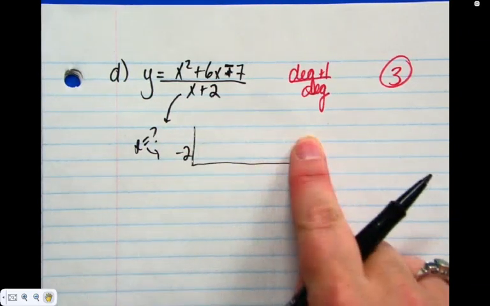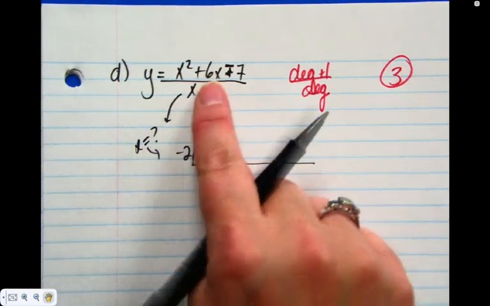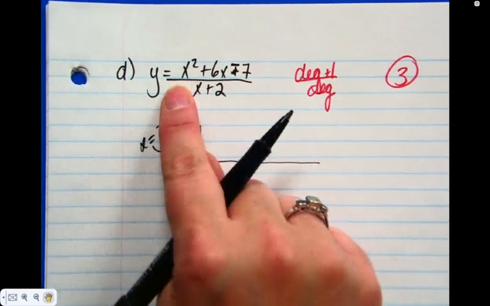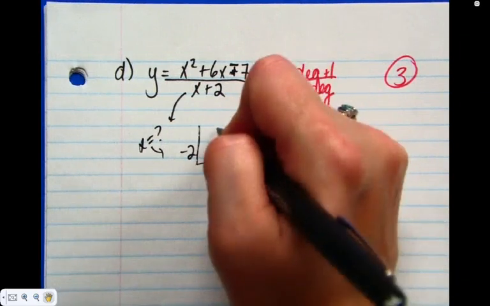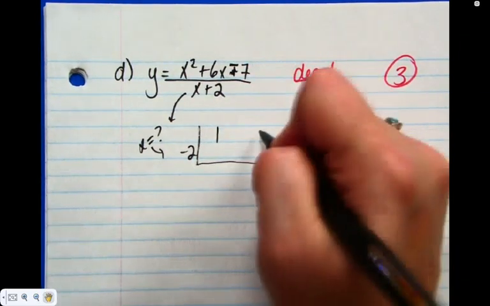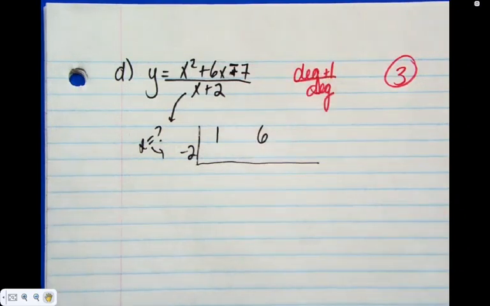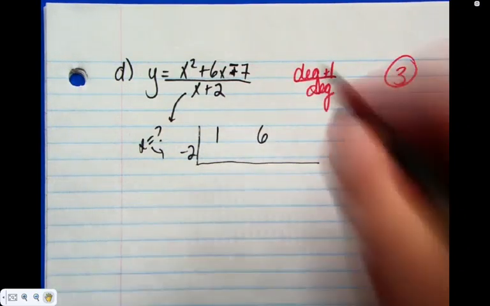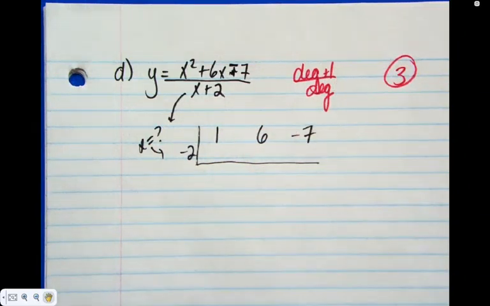The number inside comes from the coefficients of the top, and it has to go in order. So the x squared comes first, then the x, then the number. What's the coefficient of x squared? 1. What's the coefficient of x? 6. What's the coefficient of the constant, or the last number? 7.